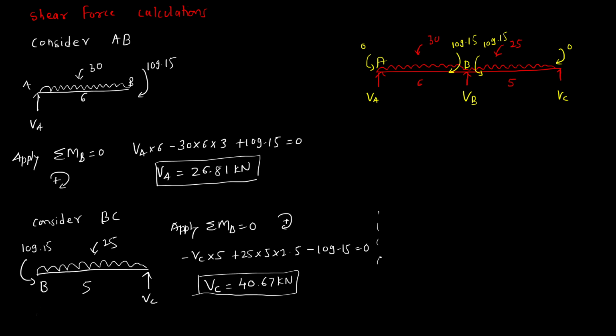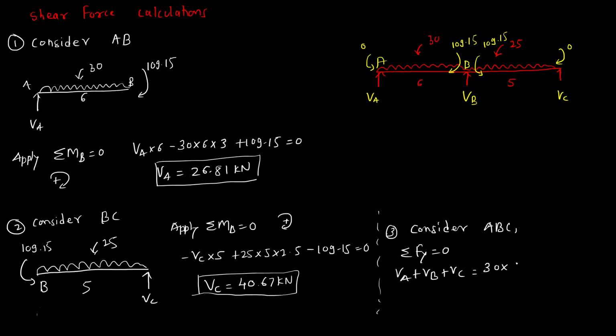Okay, now this is the first one, consider AB, BC. At last you consider the overall beam, that is ABC. Now in this ABC you only apply sigma Fy equal to 0. All the upward forces VA plus VB plus VC equal the total downward force.